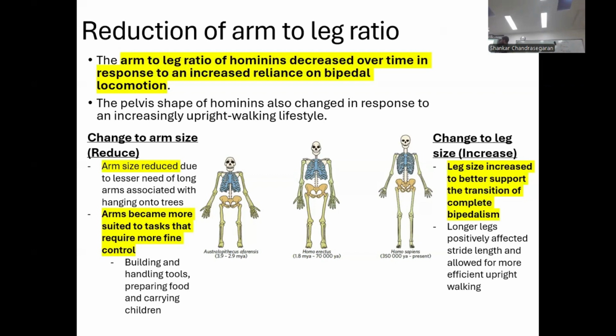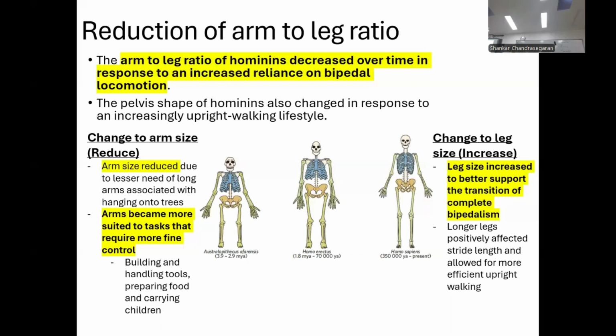So in the transition of becoming more bipedal, 3 things mainly happened, but we're looking at 2 first. The first is that their arm sizes actually started to reduce, because we weren't hanging from trees anymore. We weren't needing to swing around from trees. We didn't need to use our hands for any tree related purposes.